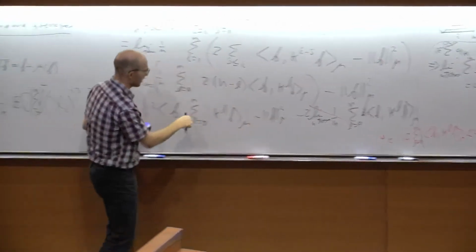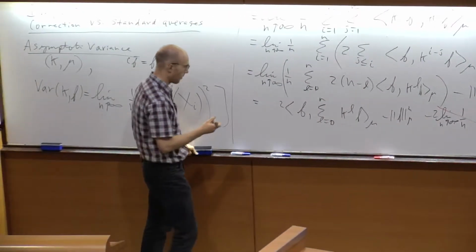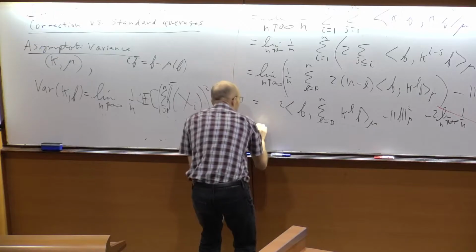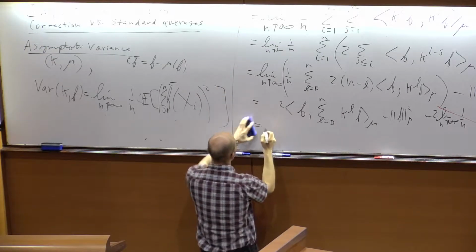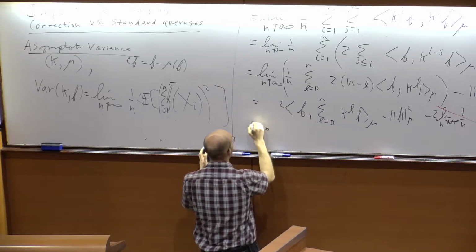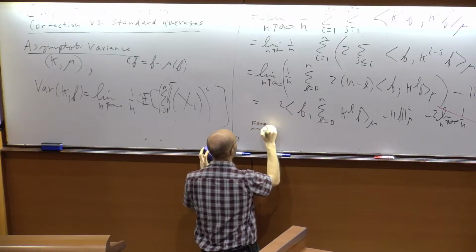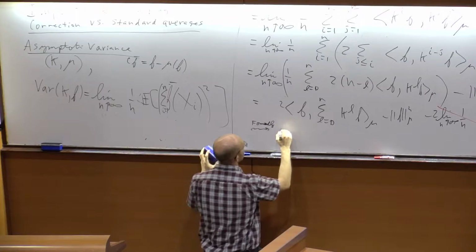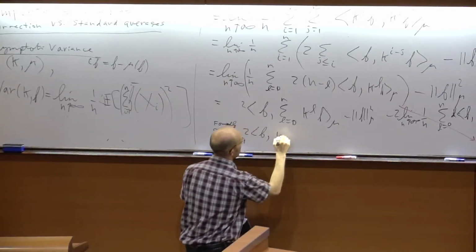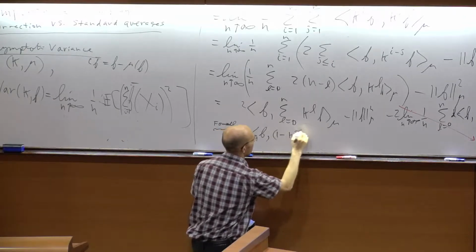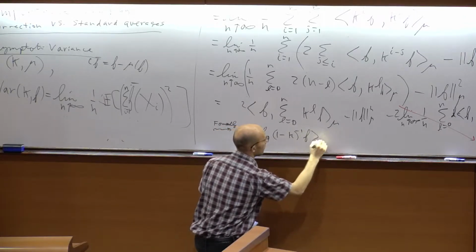So you can see that formally, this is then 2 times F if this inverse would exist.